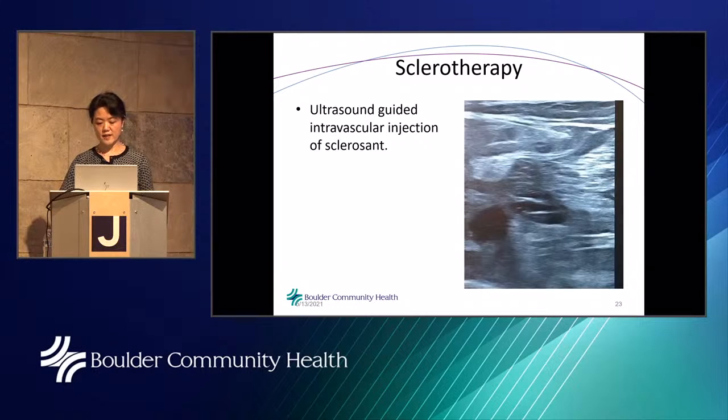And I wish I could load this as a picture, but at the same time, as a video, but unfortunately it didn't load, but I'll just describe the picture here. At the same time, after laser ablation, what I do is I use ultrasound to find little tiny veins.